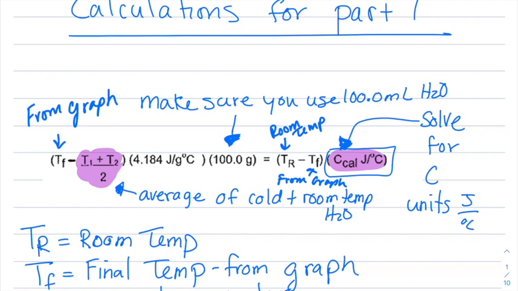All right, next up is TF. TF will come from the graph, and I'll talk about the graph in just a moment. 4.184 is your specific heat for water. And then 100 grams. Normally I would tell you to be really careful to get exactly 100 milliliters of water, which translates into 100 grams.